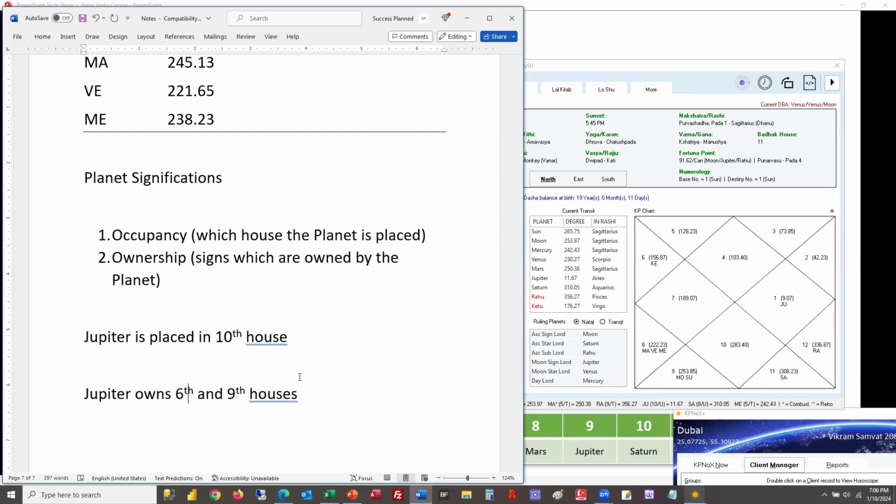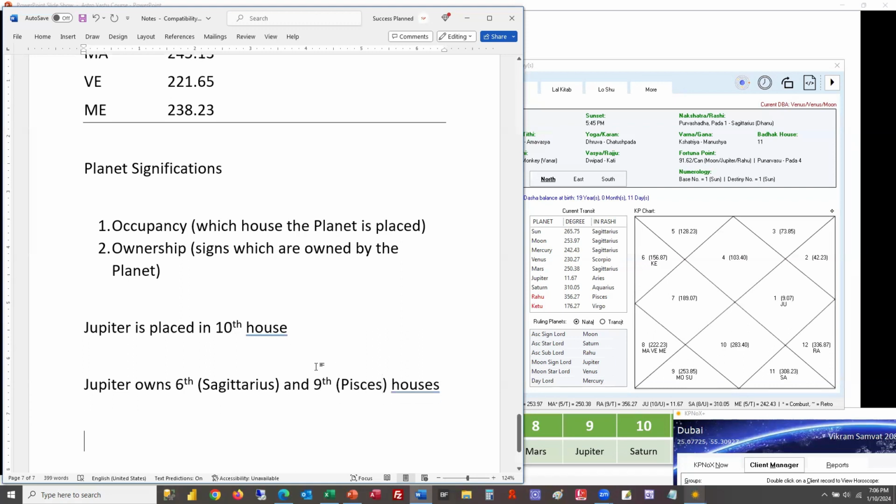Why 6th house? What is the sign in 6th house here? Sagittarius. And 9th house. Why 9th house? Because it owns Pisces, right?